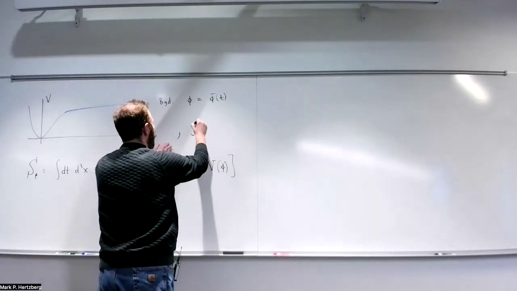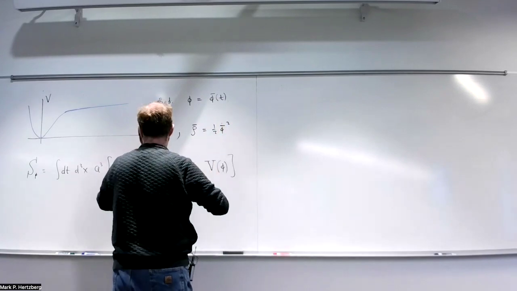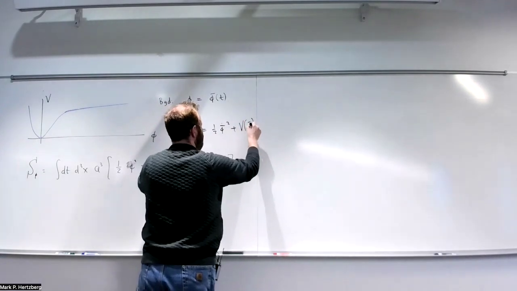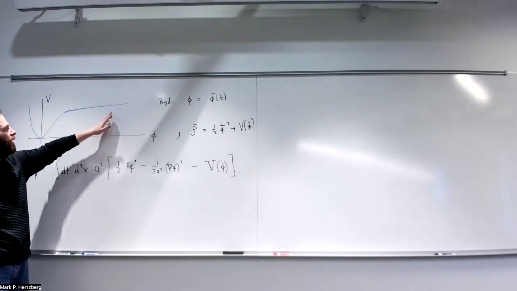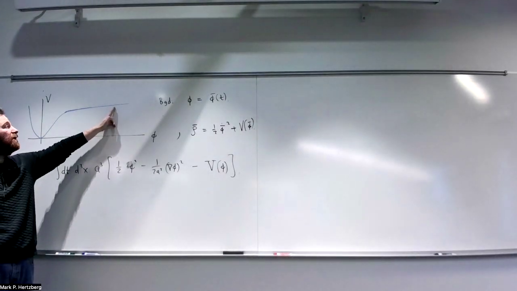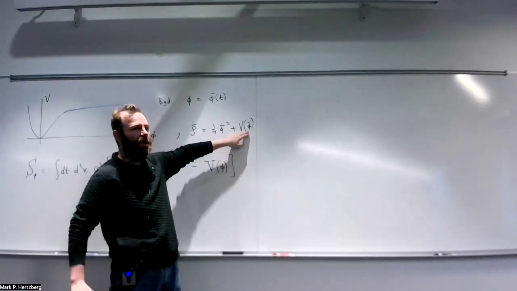So rho on the background is just a half phi bar dot squared plus V on the background. Okay, so as we discussed last time, if the field is sitting up here somewhere and it's slowly rolling, that would mean its kinetic energy is small compared to its potential.